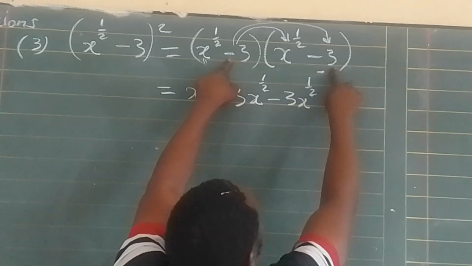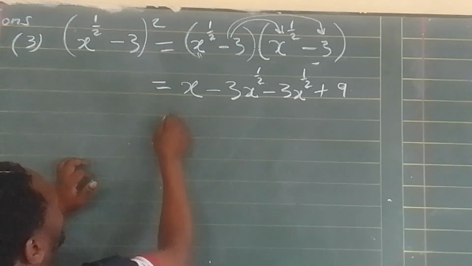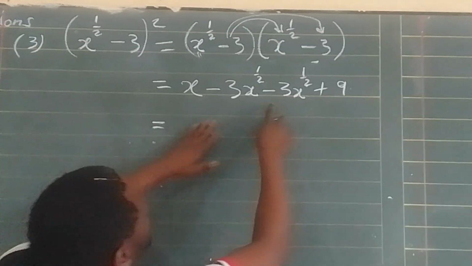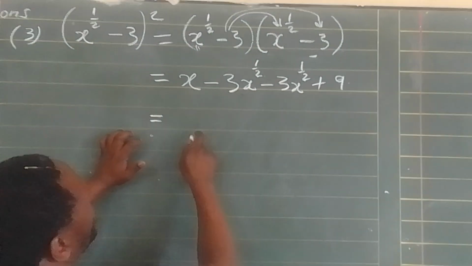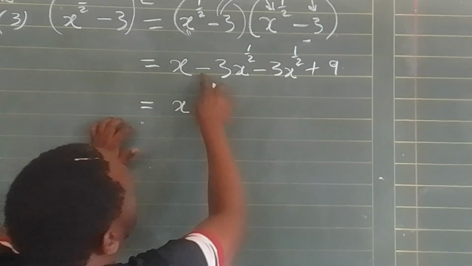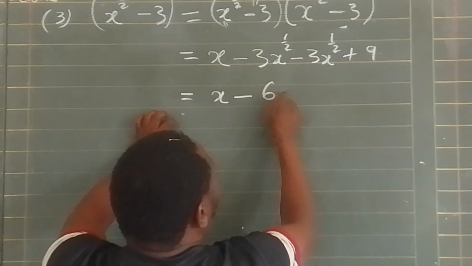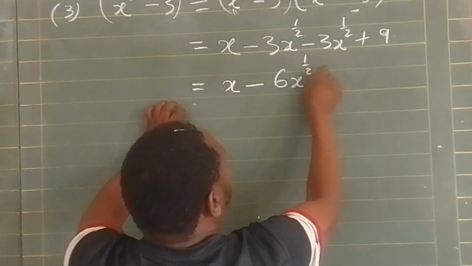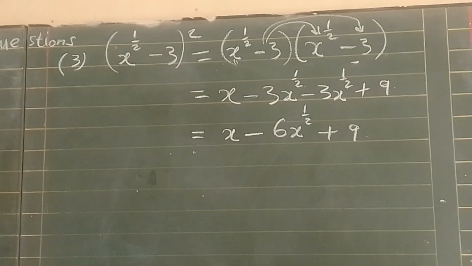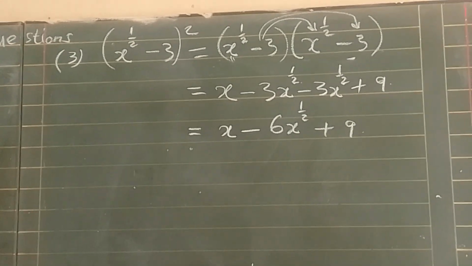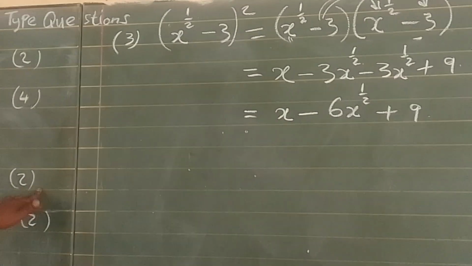Then a minus 3 times a minus 3 is a positive 9. These are like terms: negative 3 and negative 3 is negative 6 x to the power half, plus 9. You have simplified it. No further simplification beyond this. This was 2 marks.